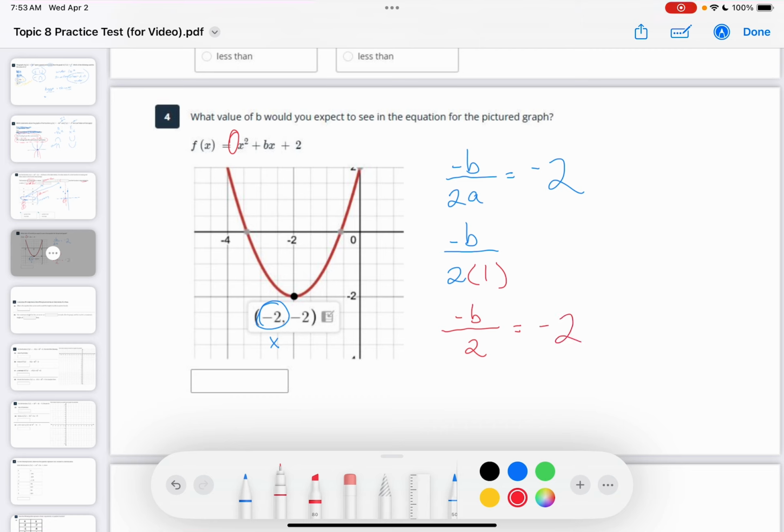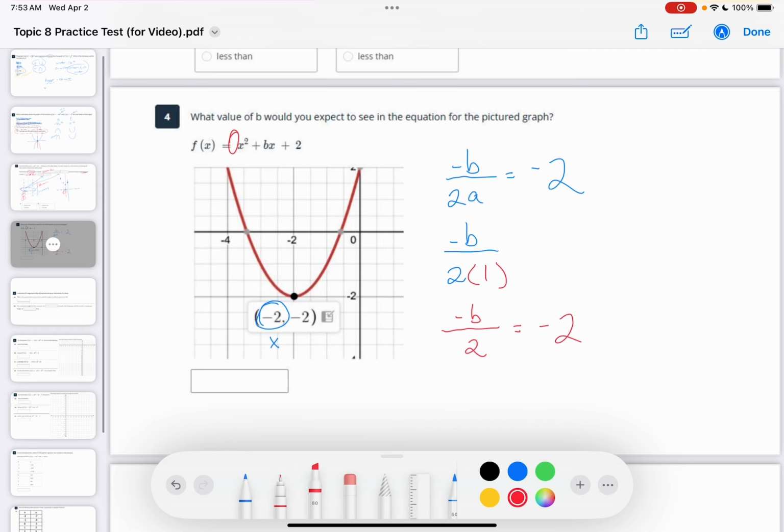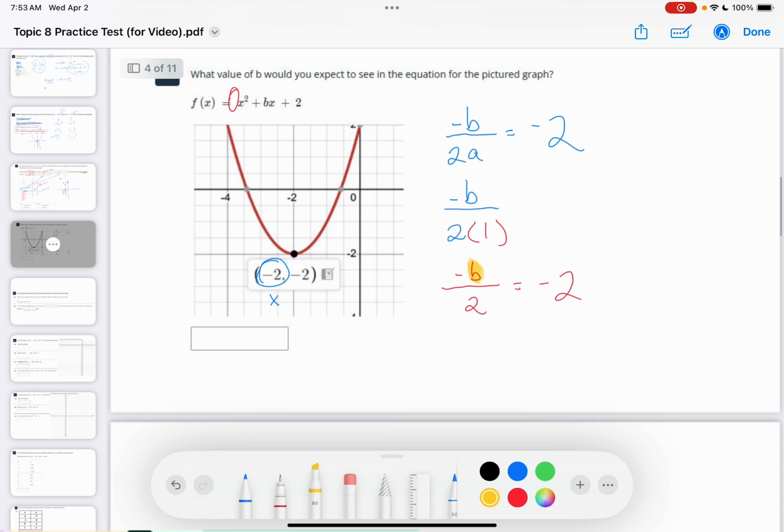So the question here is, what does this b value need to be to make that true? Well, I know that if this were just a 2 value, oh, no, that's not right.